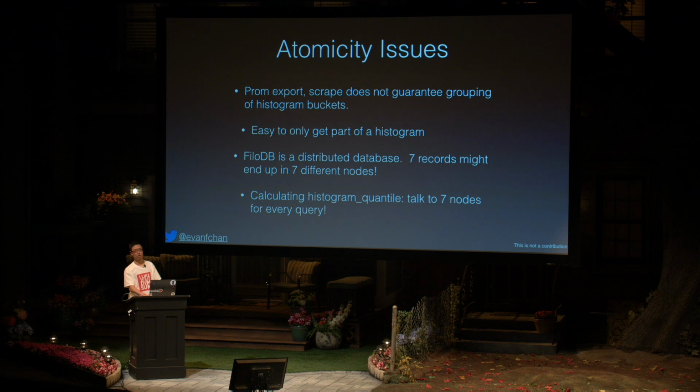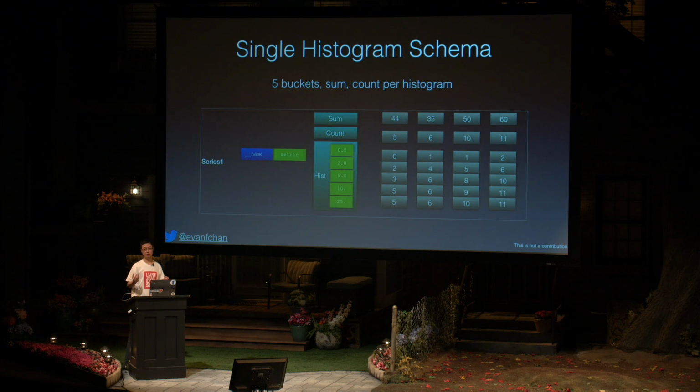So what we did is that we said, let's rearrange the data model a little bit, and let's do what I call a single histogram schema. Why not put the entire histogram into a single time series with these bucket definitions and values together? And if you do this, where the histogram and the sum and the count are stored together, then we get some really nice benefits.